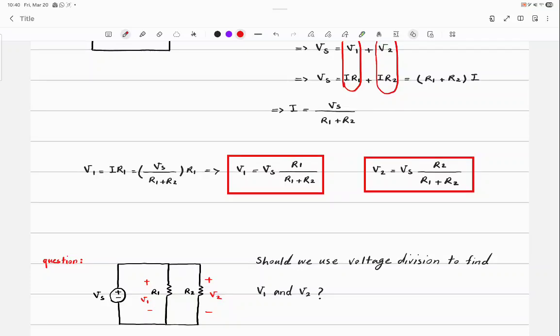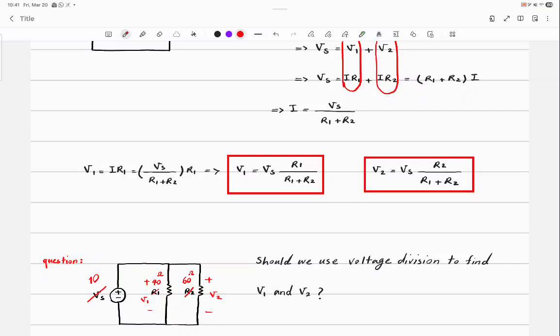So if Vs is equal to 10 volts, R1 is 40 ohms, and R2 is 60 ohms, without writing anything, can you tell me the values of V1 and V2? Sorry? But the values of the resistors are different. Do you see that?